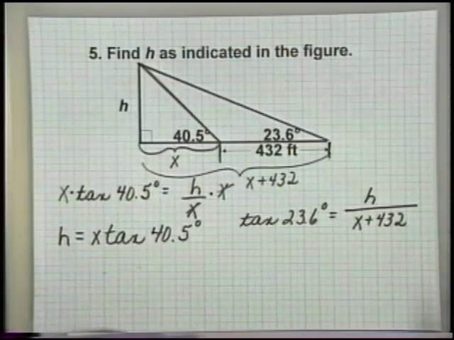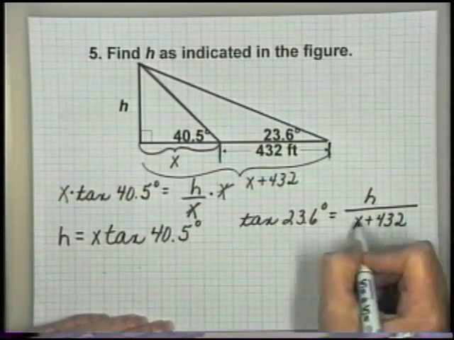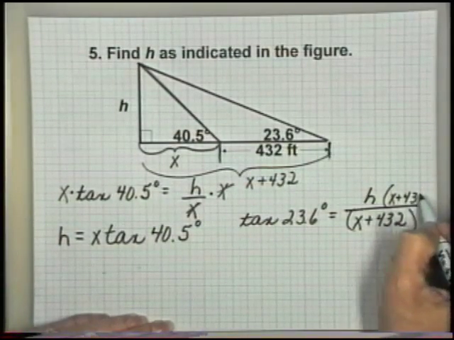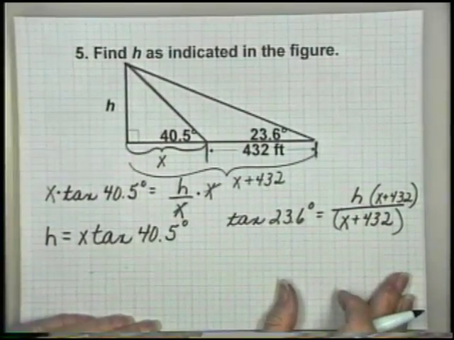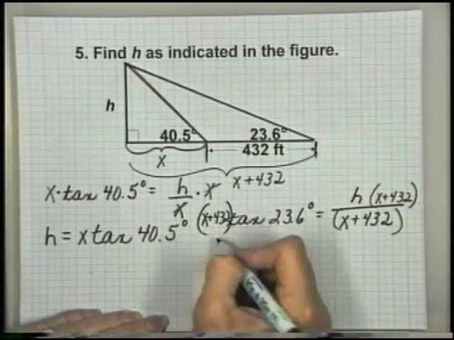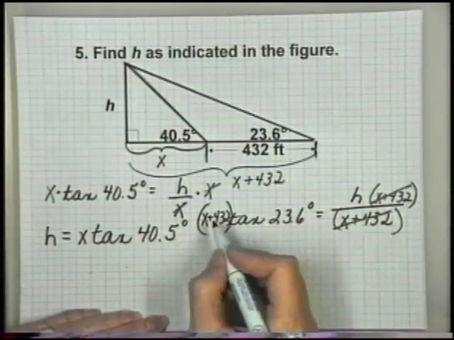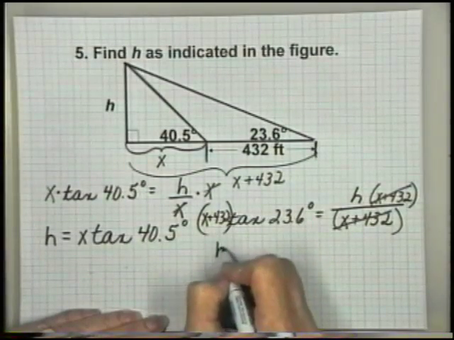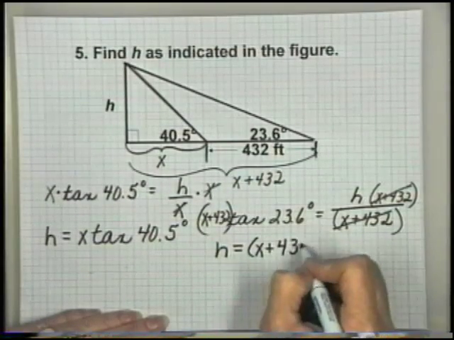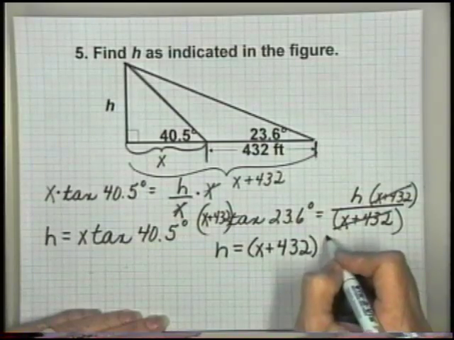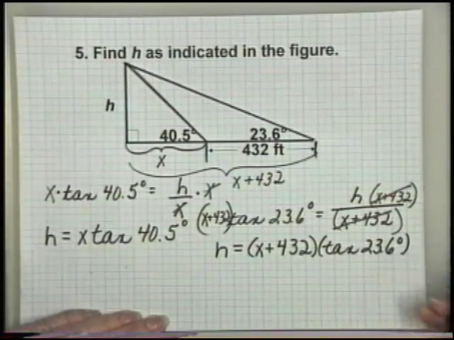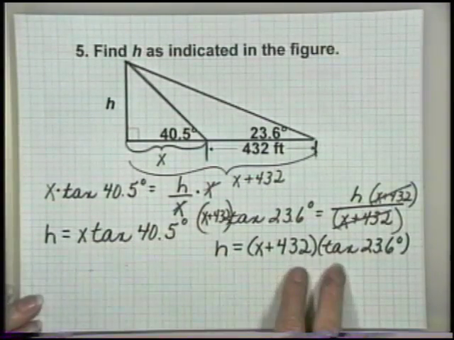So I'll have two equations solved for h, and what I need to do is clear this denominator. I can do that by multiplying both sides of the equation by the denominator, x plus 432. Those divide out, and for this equation, I have h equals x plus 432 times the tangent of 23.6 degrees.